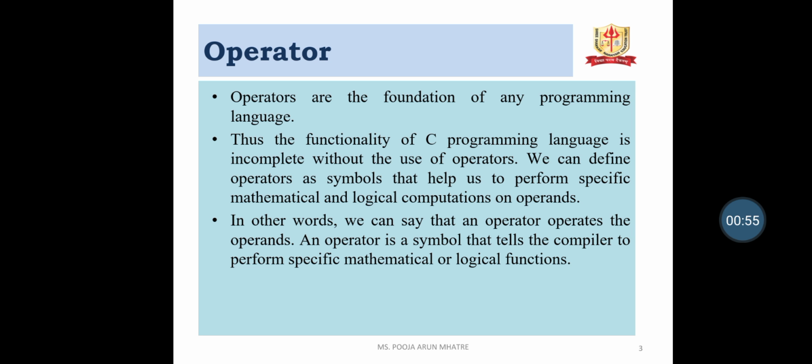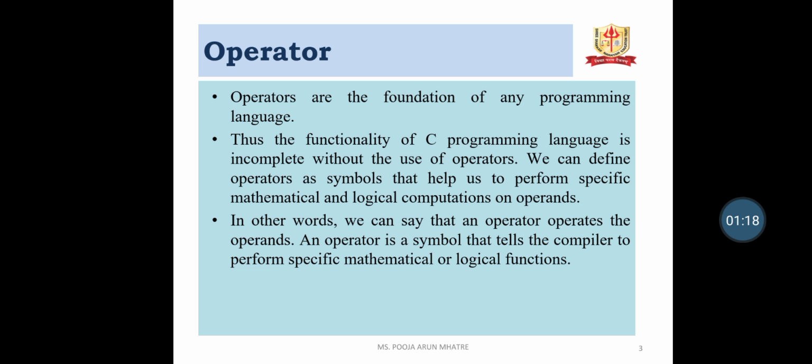In other words, an operator operates on the operands. An operator is a symbol that tells the compiler to perform a specific mathematical or logical function, and it is used for the functionality of C programming.